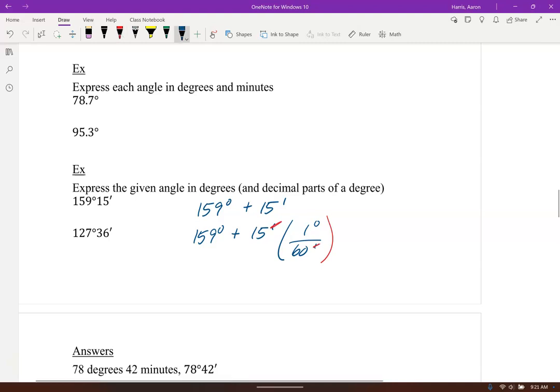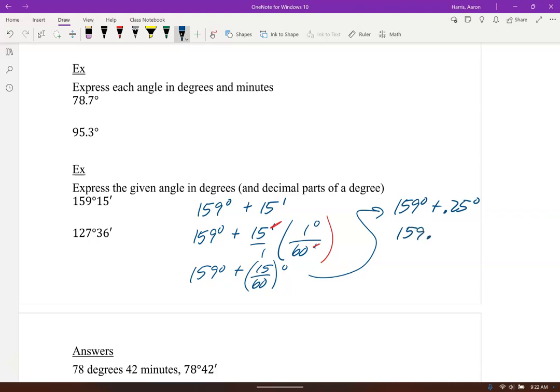So I got 159 degrees plus 15 over 60 degrees. Well, 15 over 60 is 0.25. So 159 degrees 15 minutes is 159.25 degrees.